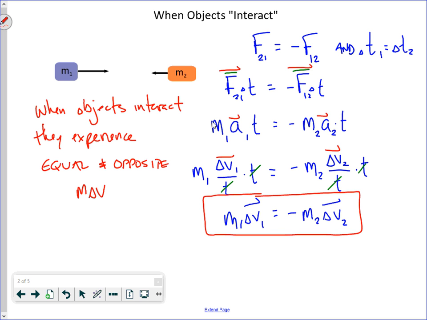So the product of m and delta v for one thing is equal to the product of m and delta v for another thing. Or they have equal and opposite changes in the product of mv. Vector. M delta v is the change in mv. Agree?